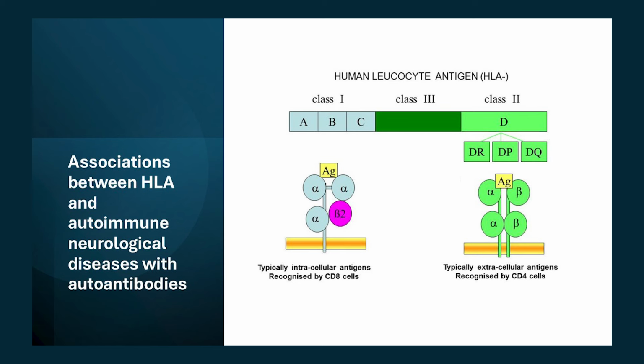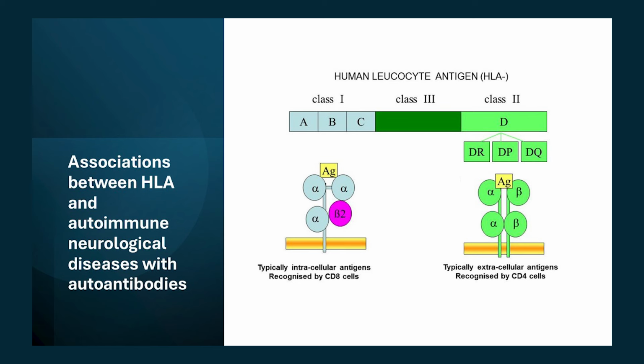Class 1 genes are expressed by all nucleated cells. They present peptides derived from intracellular proteins to CD8 T cells, but they can also be recognized by natural killer cells. Conversely, class 2 HLA is only expressed by professional antigen-presenting cells that interact with CD4 T cells. And this class presents peptides derived from extracellular proteins.